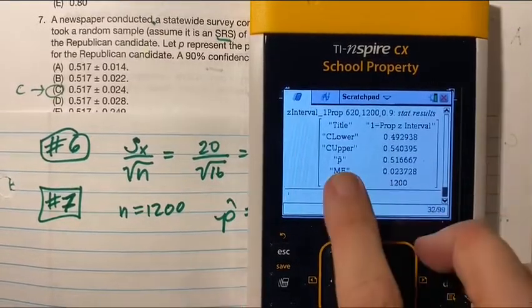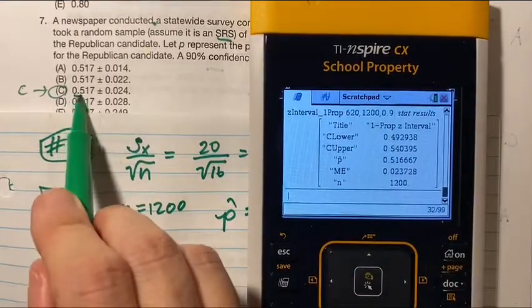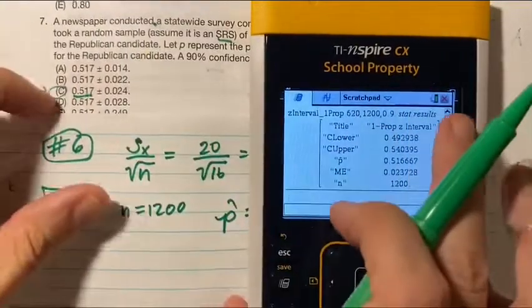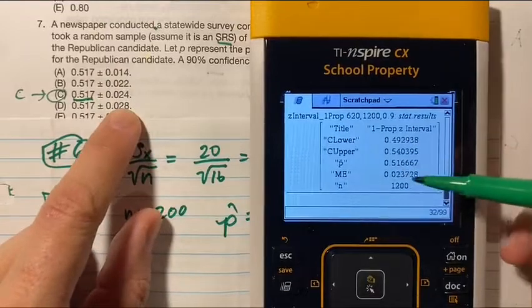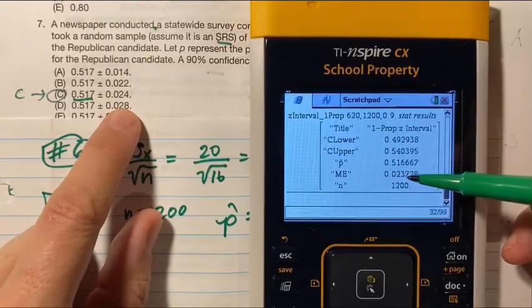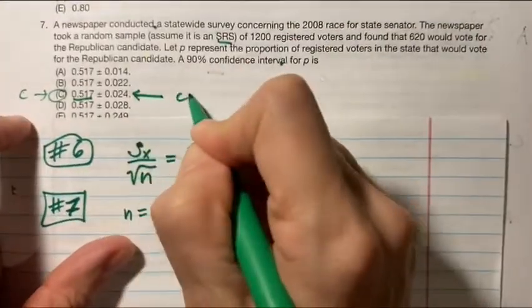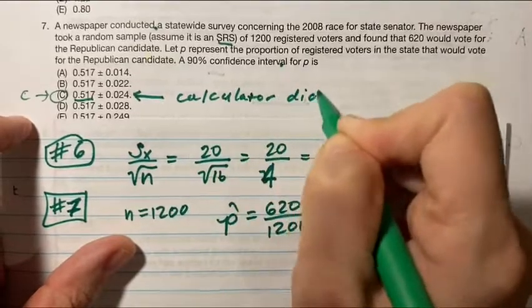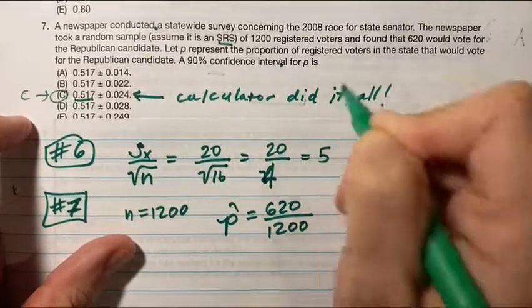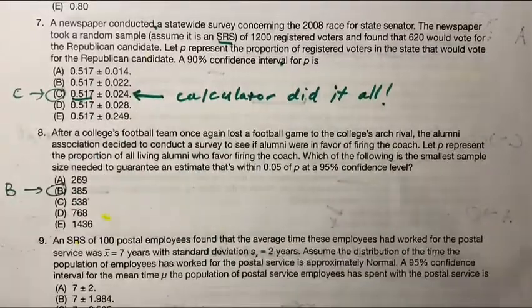The p hat is 0.516, rounded up to 0.517, but all the choices say that. The margin of error is right here, plus or minus 0.024. So the calculator did the entire problem start to finish. The calculator is your friend.